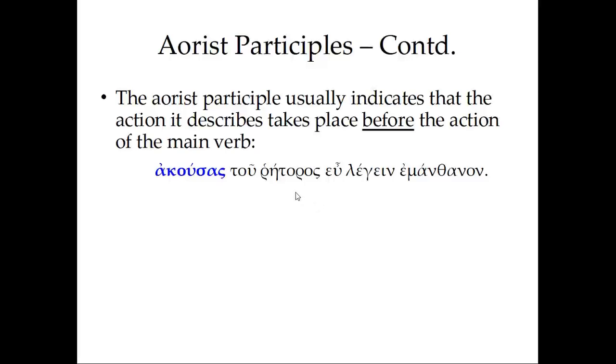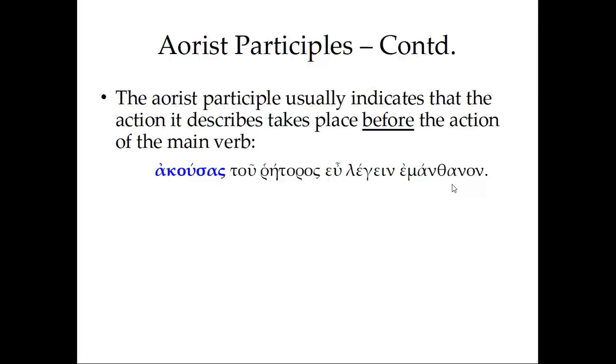rhetoros, the public speaker. This is the participial phrase. This genitive right here is really dependent on the participle. Then we have the second part, eu legein emanthanon. And emanthanon is the imperfect, either first person singular or third person plural, it's ambiguous, of manthano, I learn, I understand, I hear.